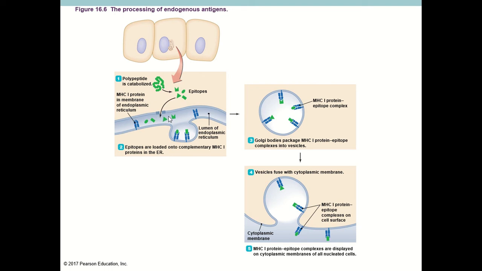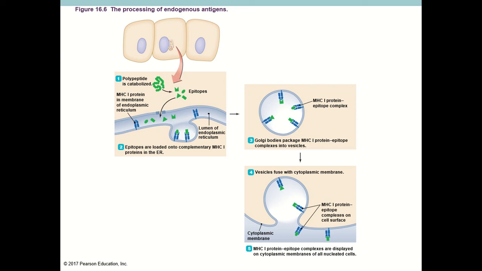Inside of the ER, they go ahead and bind to class 1 MHC molecules, and from there, they're packaged inside of the Golgi apparatus. And what the Golgi is going to do is send them out using vesicles. Okay, so these vesicles bud out of the Golgi apparatus.